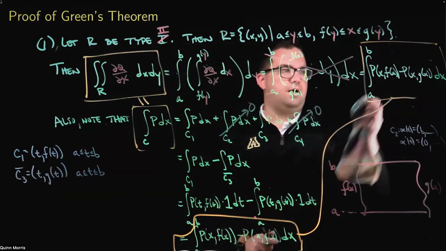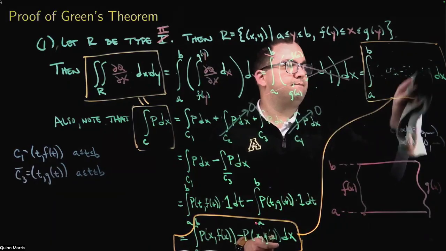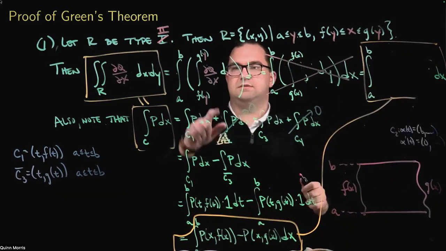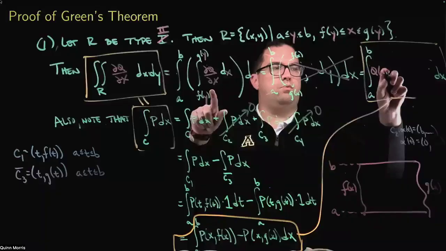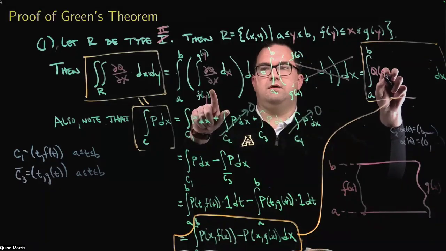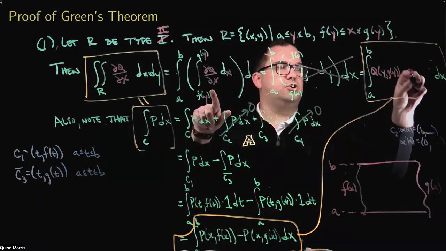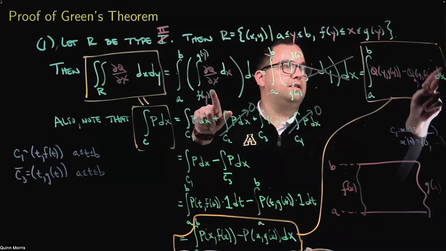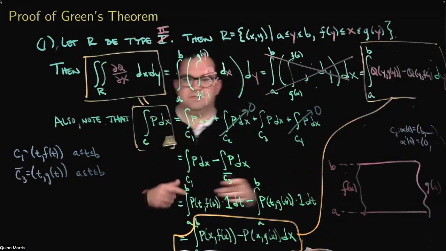And so I'm going to end up with this piece being q of y comma g of y minus q of y comma f of y, and now this is dy. Okay, this is exactly the same idea, you're just dealing with a slightly different term.